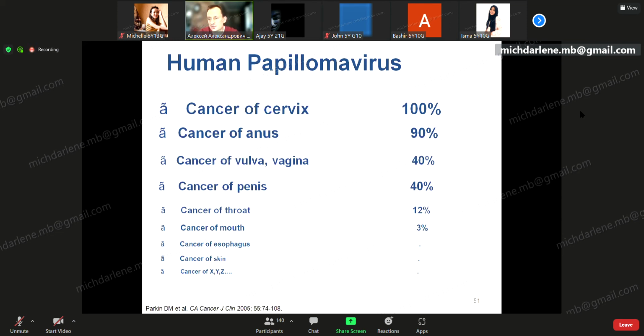For example, cancer of the gastrointestinal tract, penis, vulva, throat, mouth, what all the organs can be affected by HPV. But cancer of the cervix has 100% of chances to be associated with HPV.